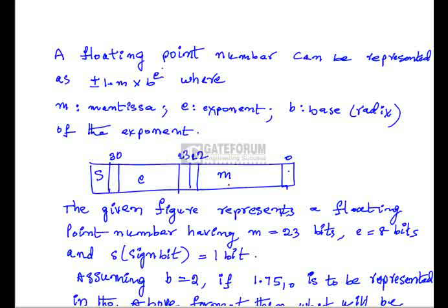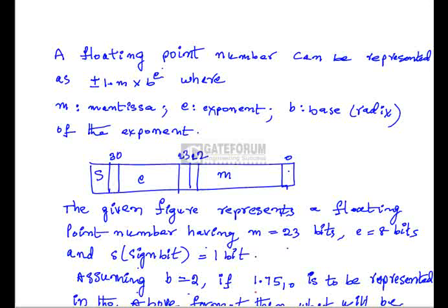So the mantissa is occupying 23 bits from 0 to 22, and from 23 to 30 these 8 bits are meant for exponent, and 1 bit is a sign bit. It represents whether it is positive or negative. The given figure represents a floating point number having m equal to 23 bits, e equal to 8 bits, and s is the 1 bit sign. Assuming b is equal to 2, that means it's a binary system.